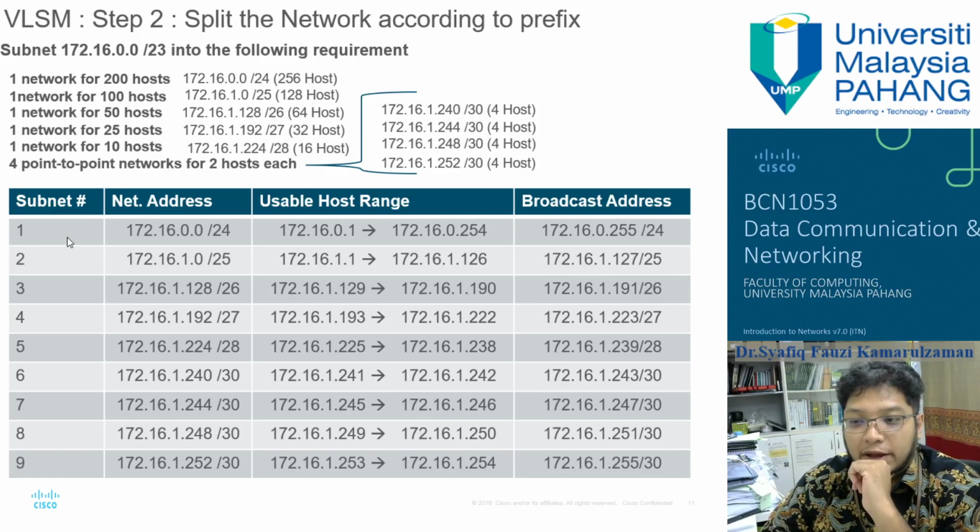So look at subnet 1. When you look at subnet 1, you see that it starts with the original network address. So this is 256 hosts.